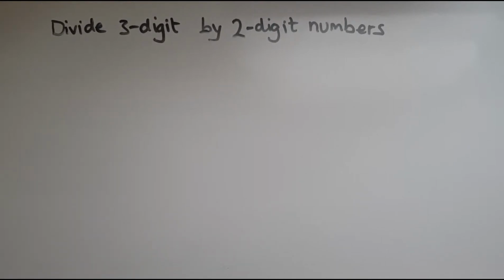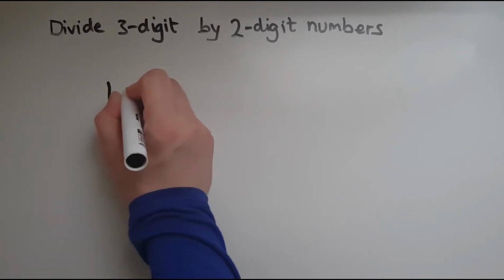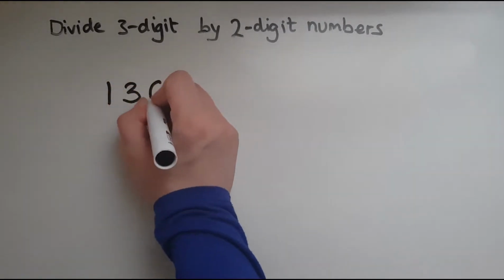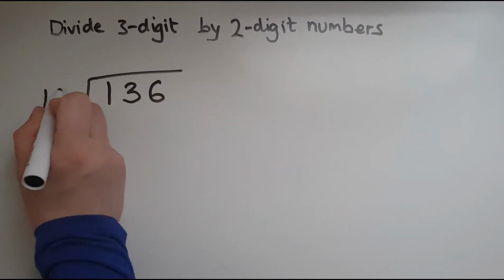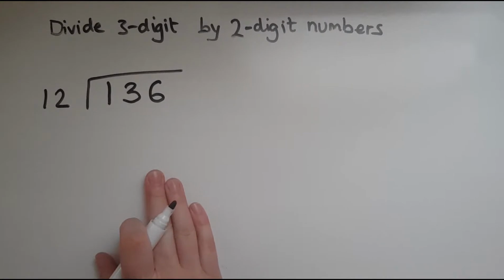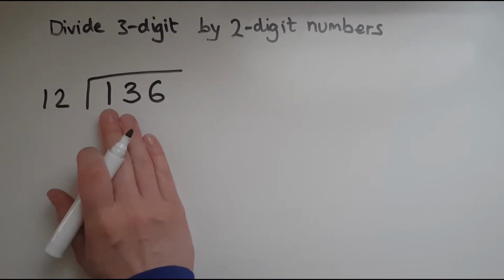We'll now look at dividing 3-digit by 2-digit numbers. So I will take a number, 136. We'll try and divide that by 12. Just like with the 1-digit numbers, we'll try and fit 12 into 13.